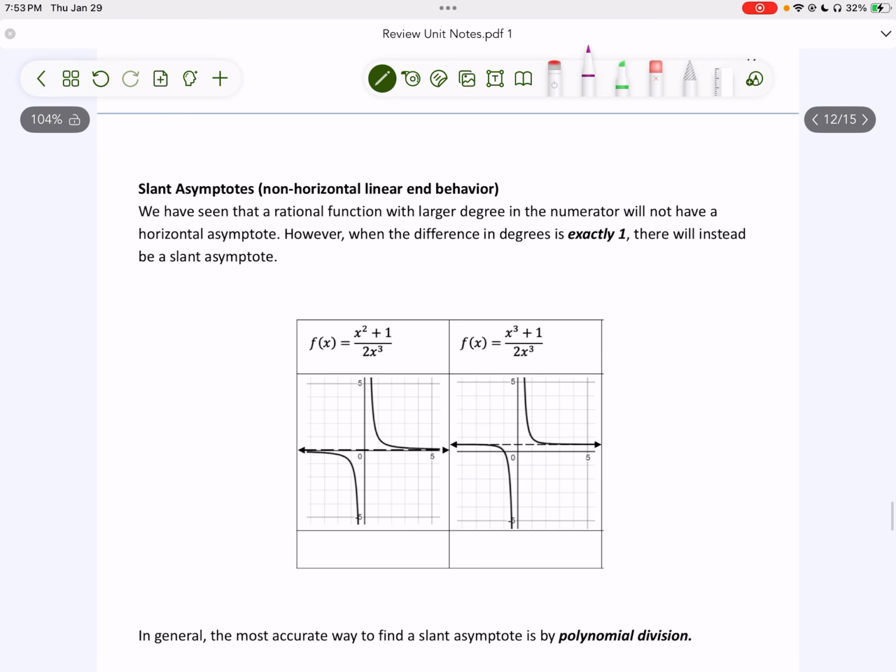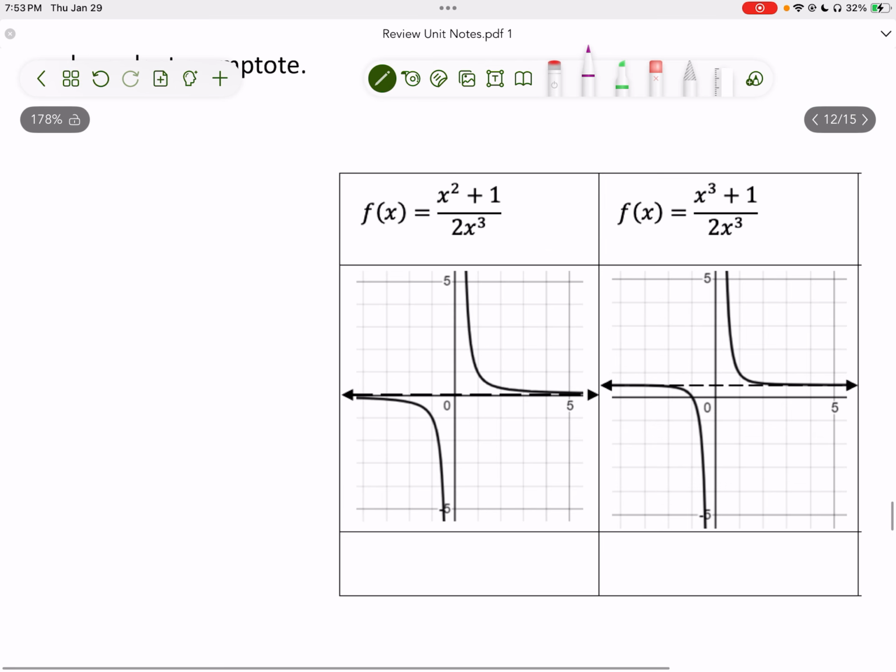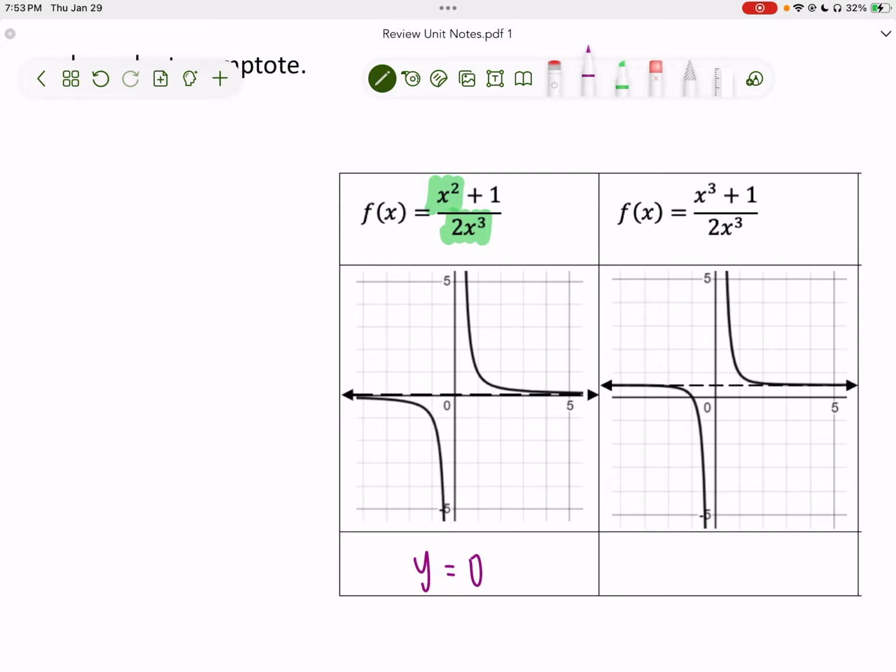Let's briefly touch base on horizontal asymptotes. There were two kinds. There was one where it was 0, and there was another one where it was a number. So here, you'll notice that you have x squared in the numerator and x cubed in the denominator. This means that your horizontal asymptote was 0.